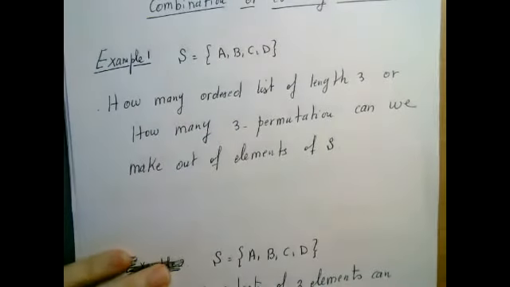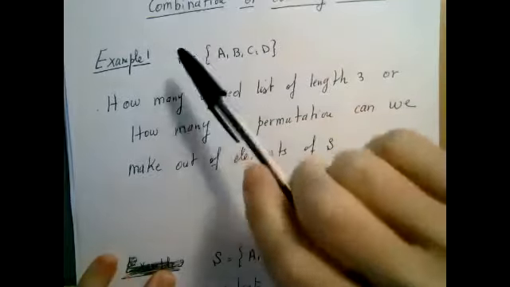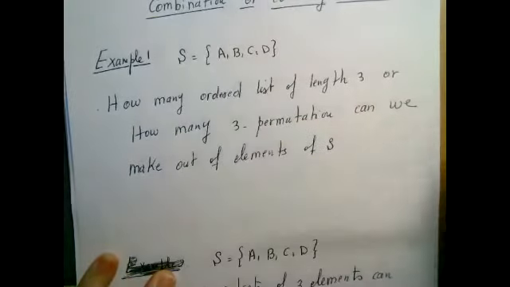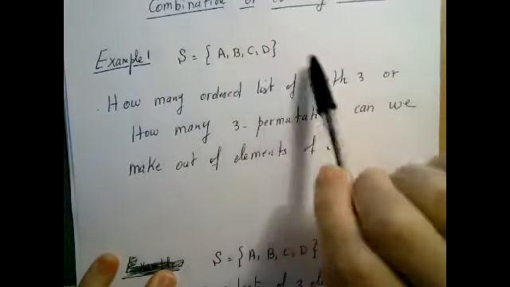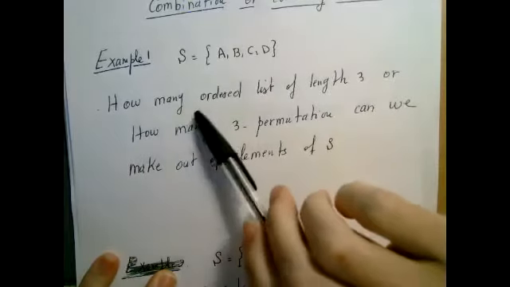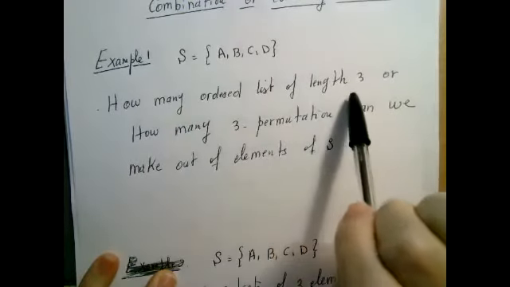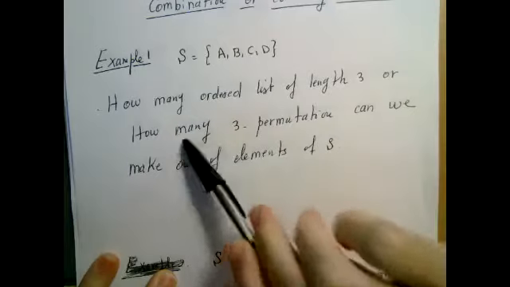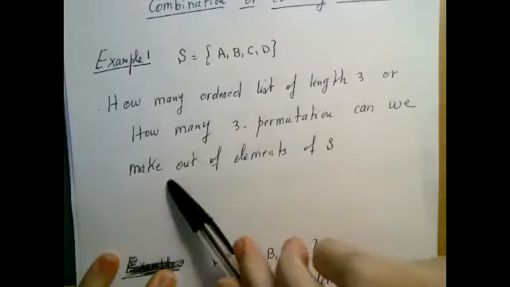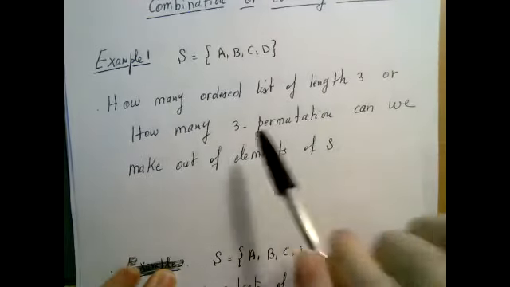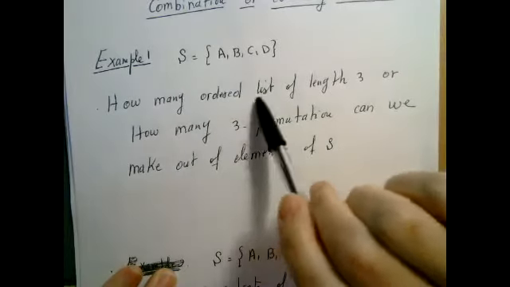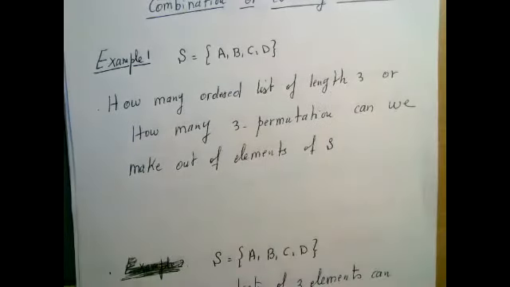I started this last time, but of course we're going to repeat. Suppose I have a set S that consists of A, B, C, D. And the question is how many ordered lists of length 3, or how many 3 permutations, can we make out of the elements of S? So a 3 permutation means an ordered list of length 3.